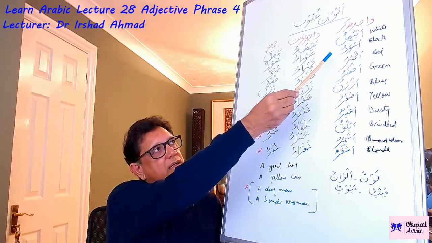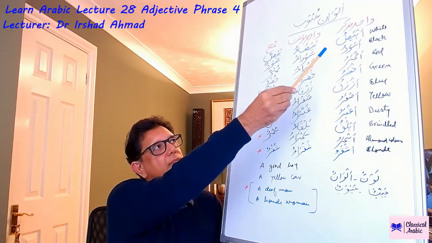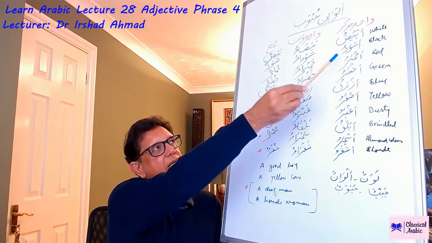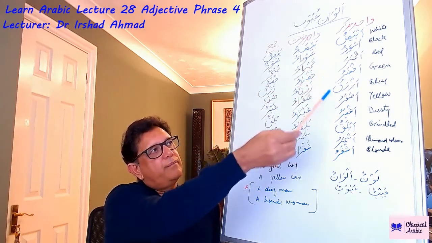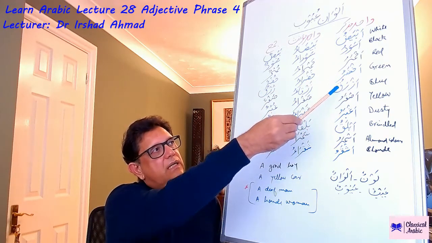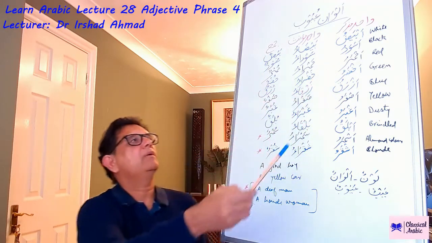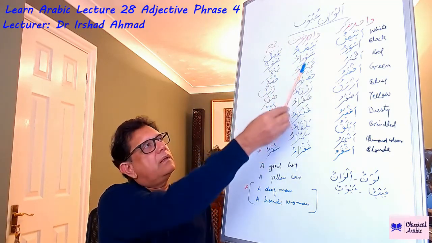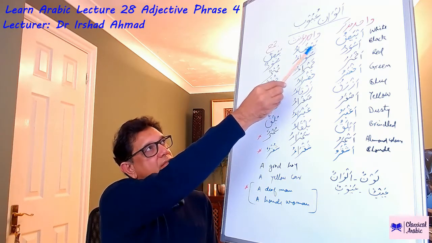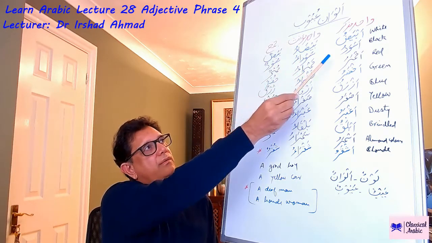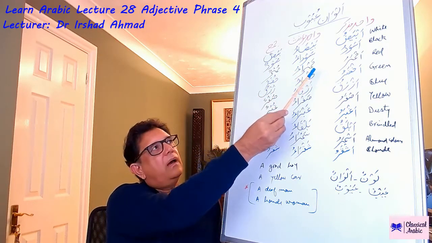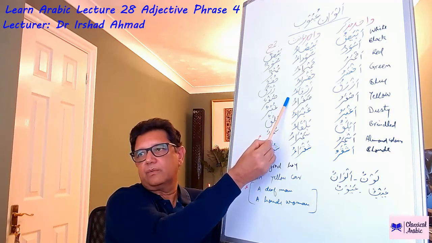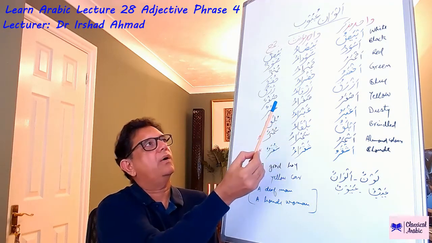And these are for muzakkar wahid nouns, pronounced like this: azraku, akhdaru, ahmaru. So if we want to say white, which is singular feminine, bayda'u, for black sawda'u, for red hamra'u, for green khadra'u, for blue zarka'u, for yellow safra'u.